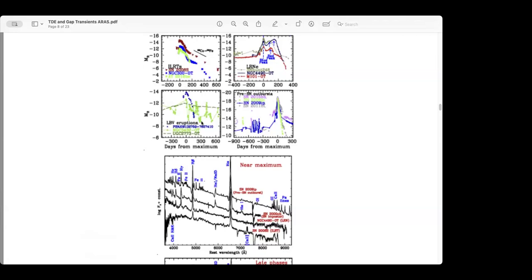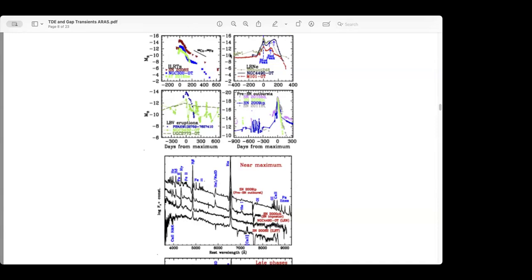And apparently, these objects that are now called intermediate luminosity red transients or intermediate luminosity optical transients or red novae are intermediate between LBVs on the low end and supernovae on the high end, that they can reach absolute magnitudes of -16, which is about a factor of 5 to 10 lower than a typical core collapse supernova.